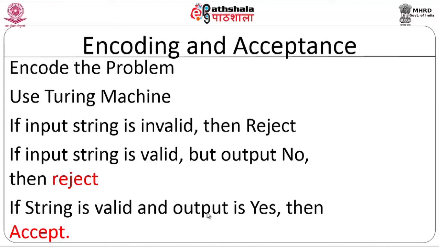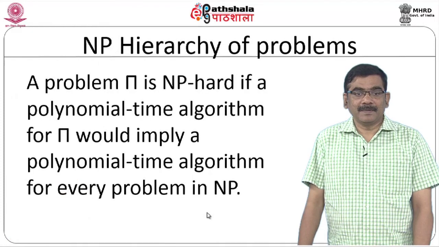If the input string is invalid, then the problem is not right and the Turing machine will reject this. If the input string is valid but the output is no, then the Turing machine will reject this also. If the string is valid and the output is yes, that means the Turing machine terminates, then we can call that the accept state.